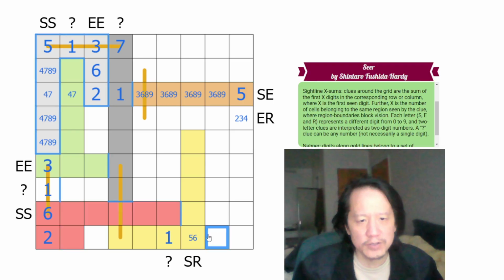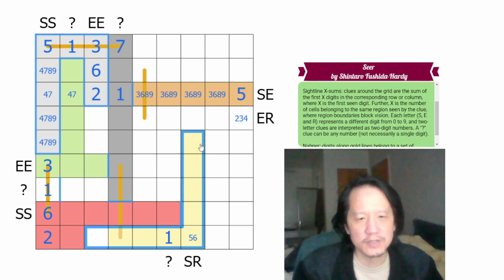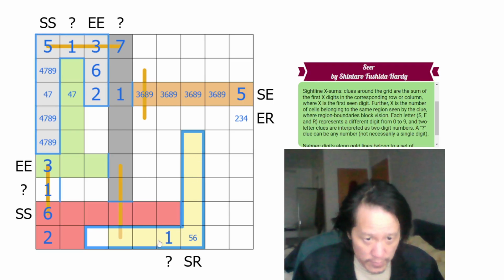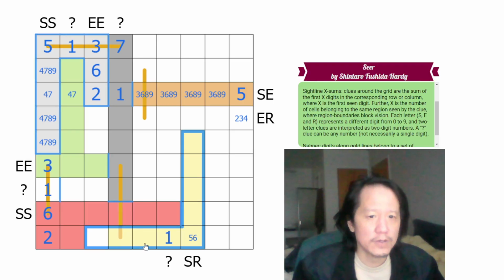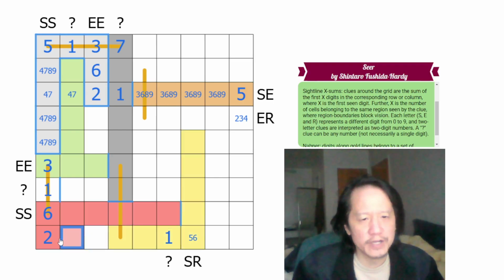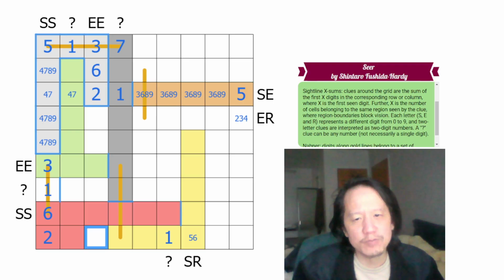Similarly here, this can't be part of yellow, because this is the extent it could go to. So this is red, this is red. Well, this could be part of gray. This has to be red or yellow specifically, right? We don't know which.